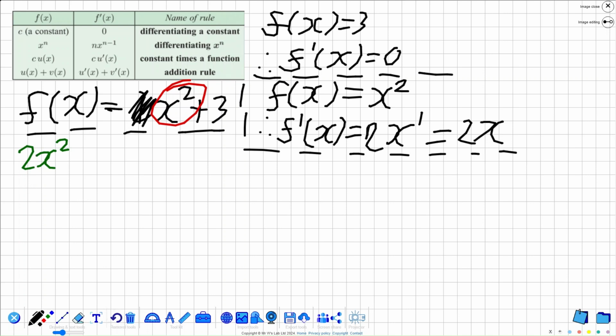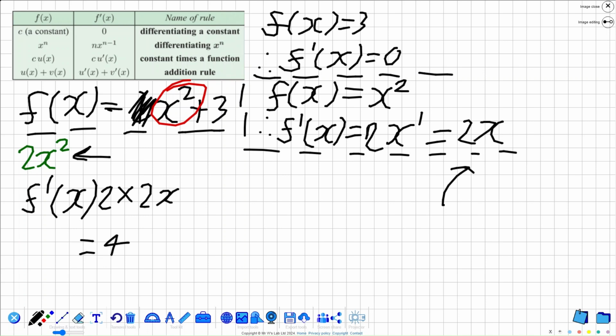So where f of x equals that, f dash x will equal the coefficient, times the derivative of x squared, which is 2x, which will equal 4x. A better way to think of this is that you've got 2x squared, you can completely forget about the 2 at the front, you just do this method here, and after you've done that, you just times it by the coefficient at the front.